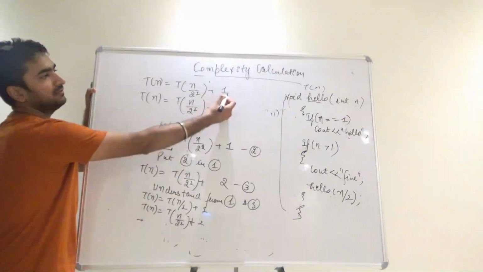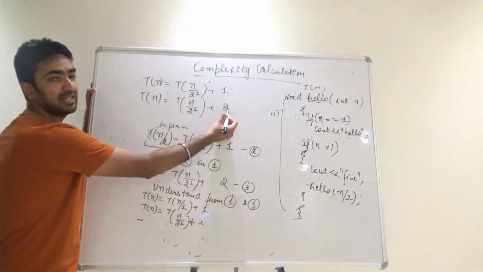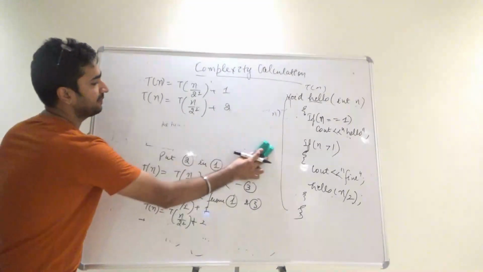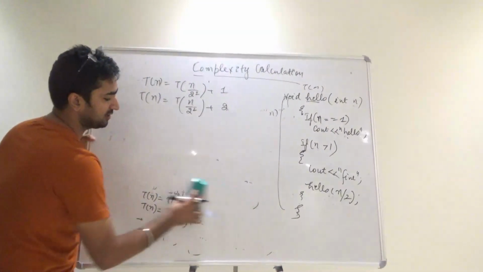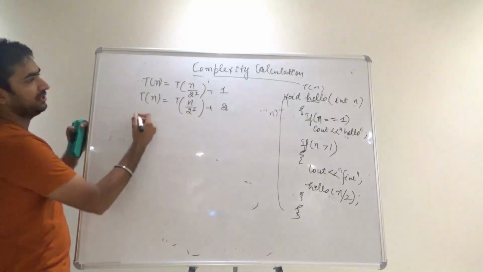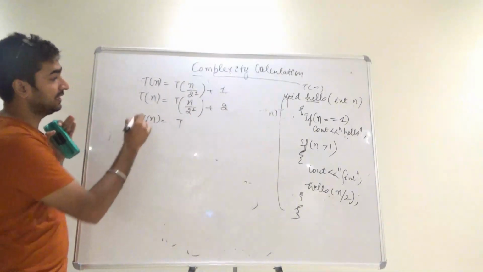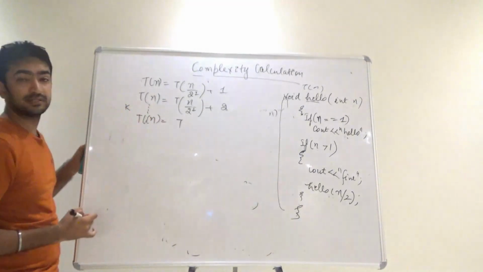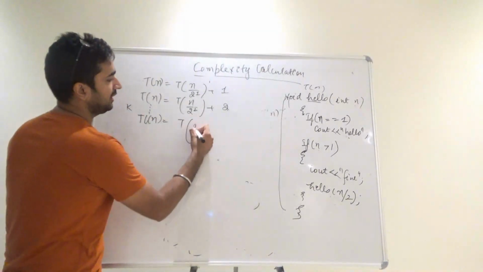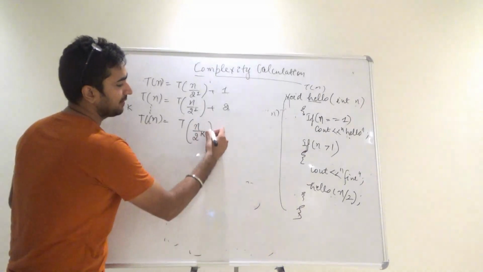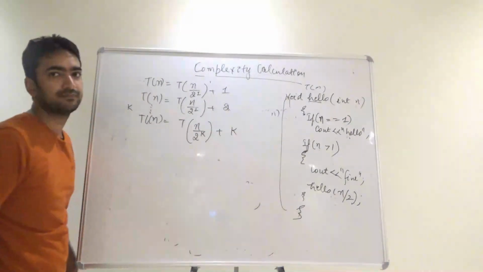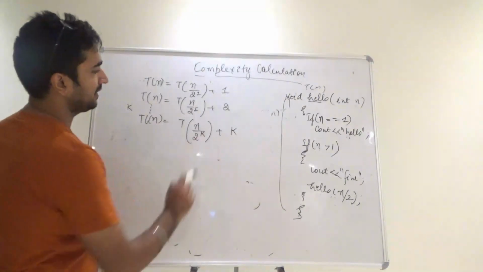So, power 1 plus 1, power 2 plus 2. Clearly, if this entire thing works till k times, it will be T of n by 2 power k plus k.